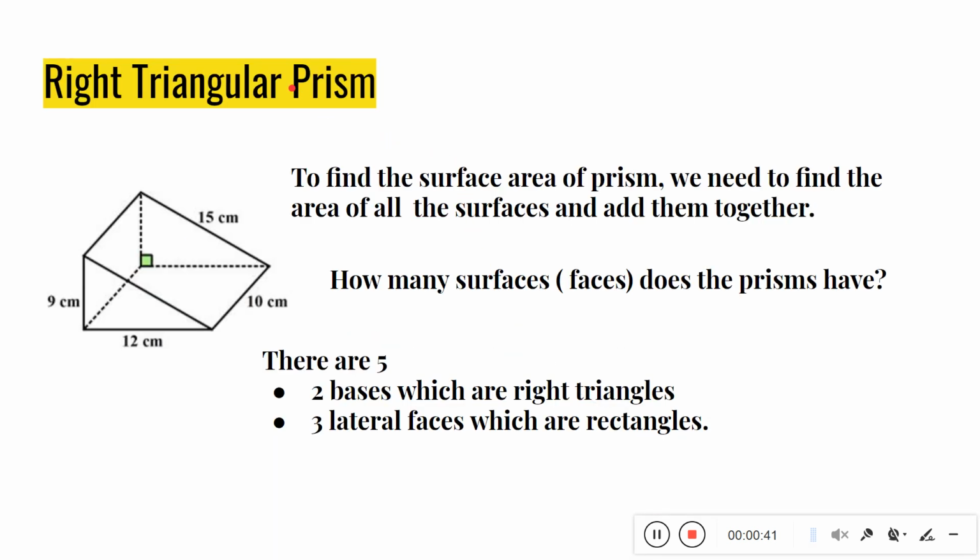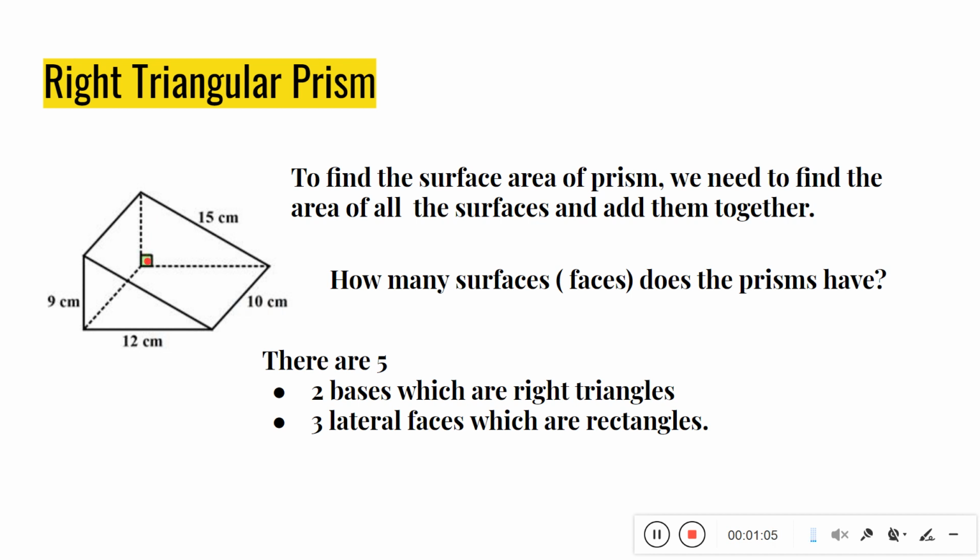Okay, so let's take a look at that right triangular prism we were looking at in the last video. To find the surface area, we need to find the area of all of the surfaces and add them together. Do we remember how many surfaces or faces this prism has? So there are 5, actually.